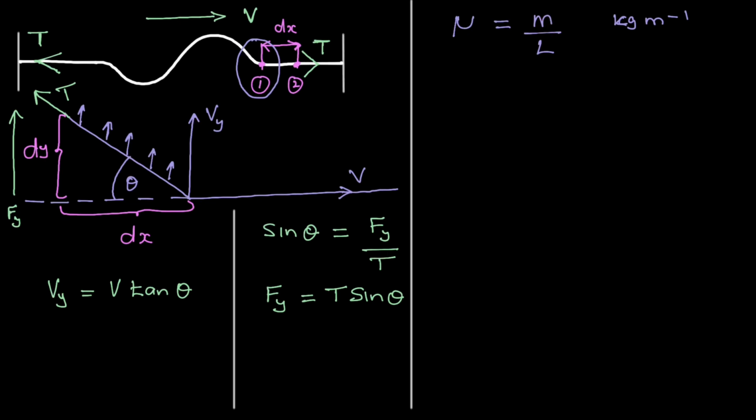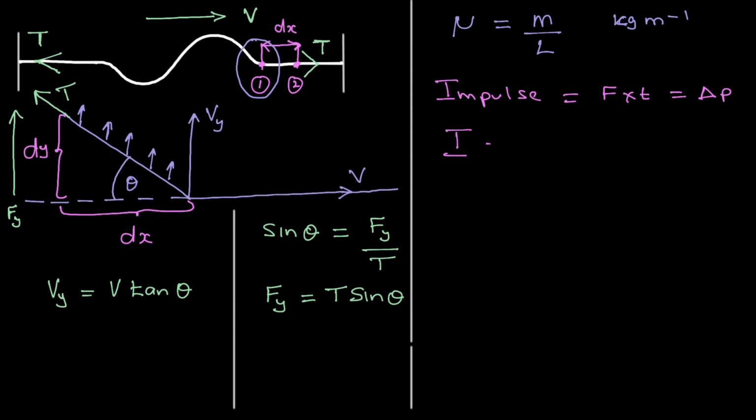We have the mass of the string divided by its length L, and we call that mu. The unit for mu is kilogram per meter. Now we're going to look at impulse. Impulse is force times time, and that also equals the change in momentum, where p is momentum.